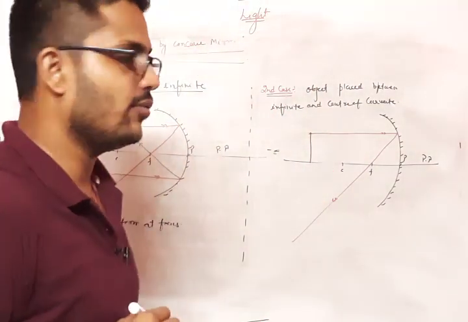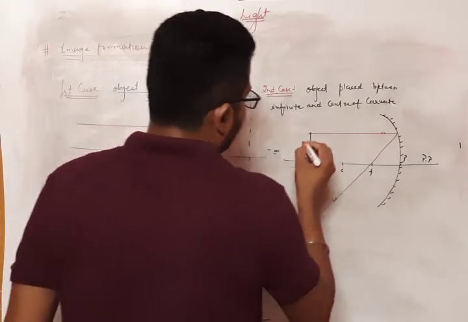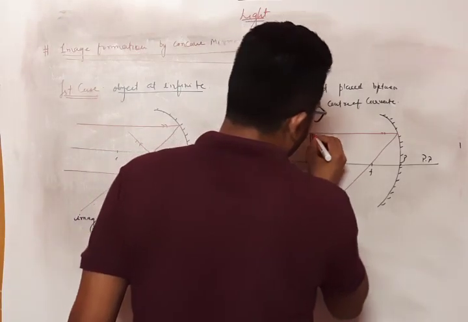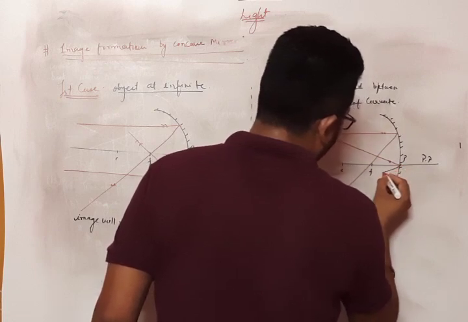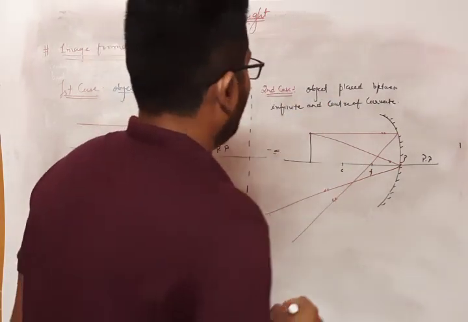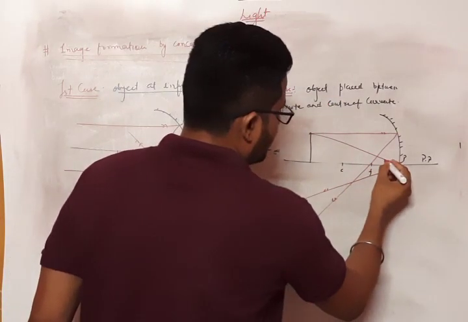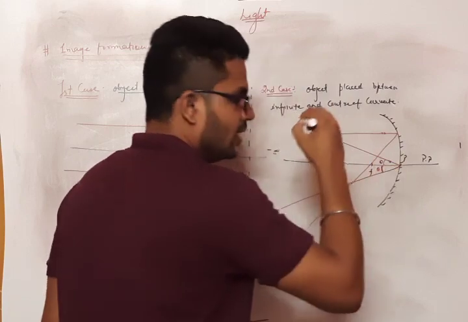Okay beta, one ray will go like this. Second ray: if one ray comes at the pole, it will go like this. If this ray has angle theta here, then this angle will also be theta.